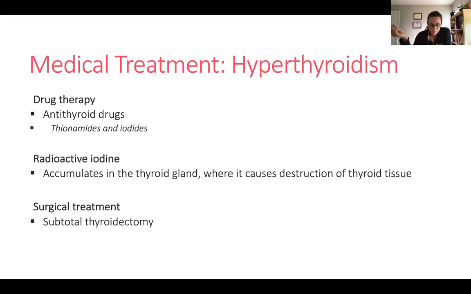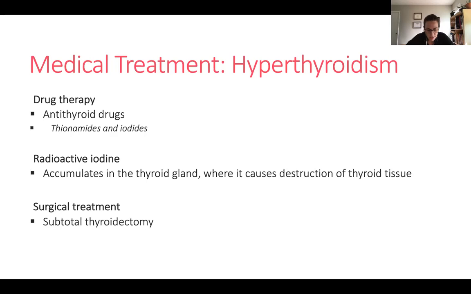Then another thing to know with these, they might be given for several months or years, and it takes a while for them to actually take effect. So one adverse effect of this is that it can cause gastric upset and discoloration of the teeth. So make sure that they have food in their stomach when they take these medications.